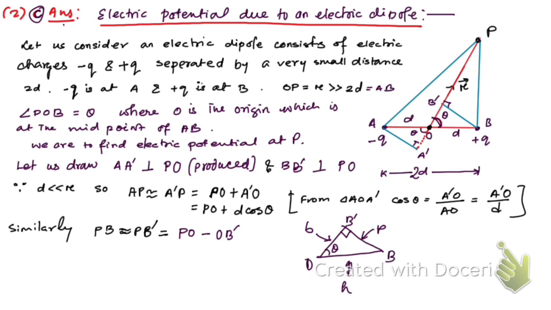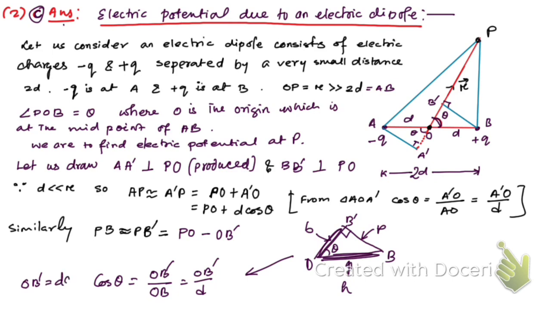From this triangle, what are we going to have? We get cos theta is equal to the base OB dash by the hypotenuse OB. And OB, you can see in this diagram, is nothing but d. So OB dash by d, which implies OB dash is equal to d cos theta.